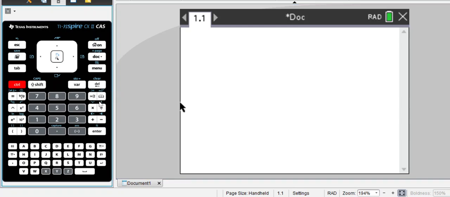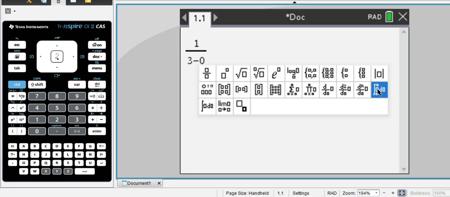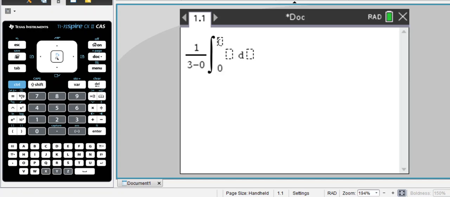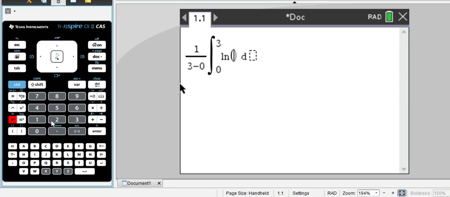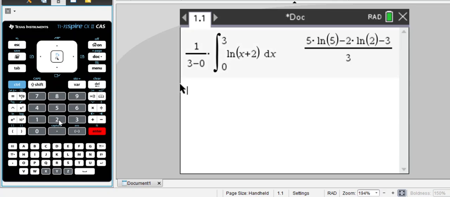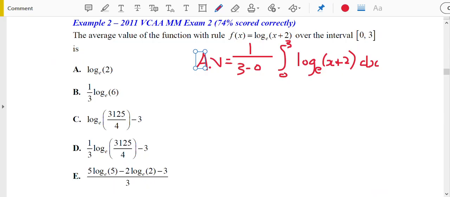So let's create a fraction, and we do 1 over 3 take 0, which is really just 3, all multiplied by a definite integral from 0 to 3, and the function was log e of x plus 2 dx. So that was what we wrote down. Press enter. There is our answer right there. So 5 log e of 5 minus 2 log e of 2 minus 3, all divided by 3. So you'll see that that is option E.